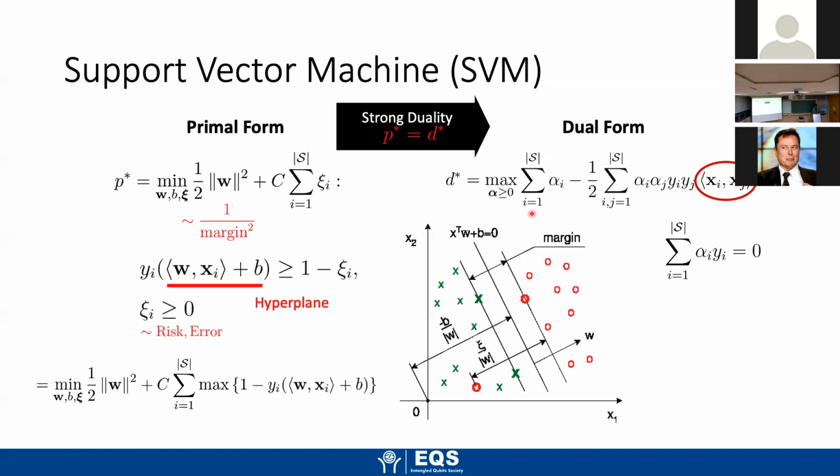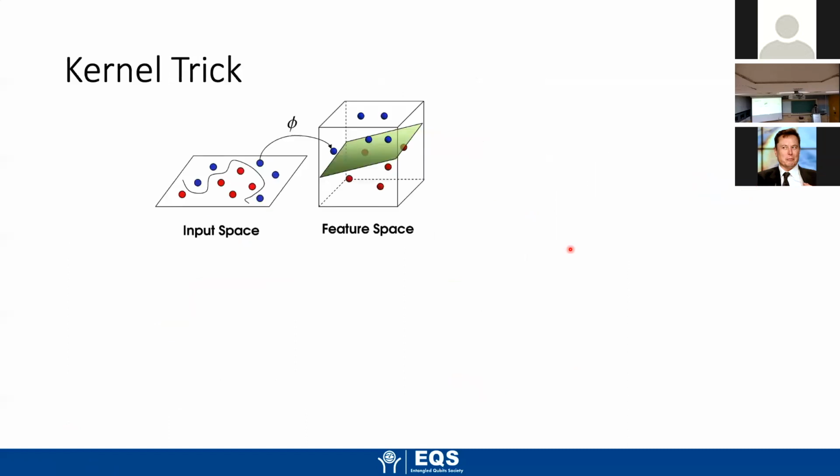So if we solve this problem, we get the corresponding equation for classification, which is very simple. So what about the nonlinear case? Here you can't draw a line that separates the red and blue.